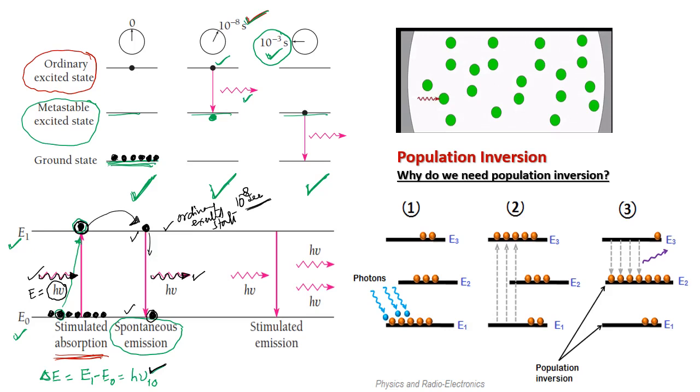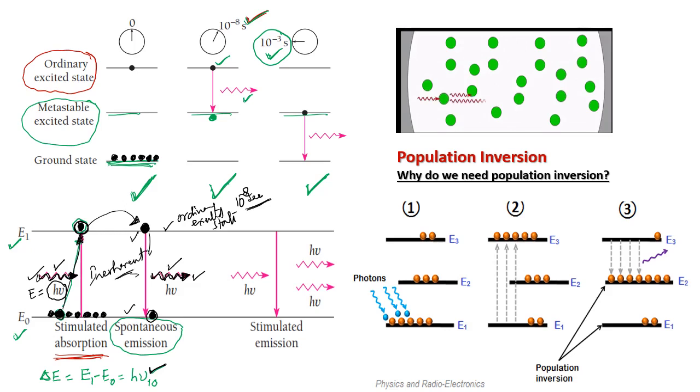But the photon through which I stimulated this atom to go to this state, and the photon which comes when this atom spontaneously comes to the ground state, these two photons are incoherent.